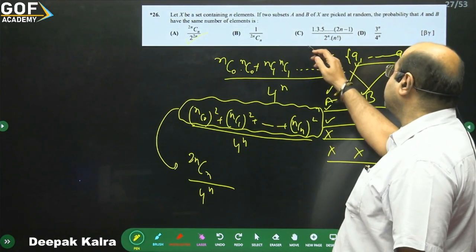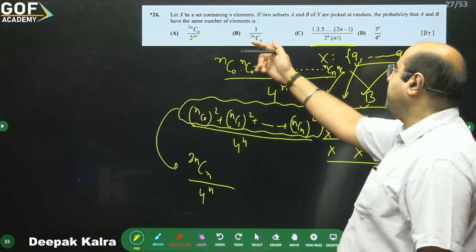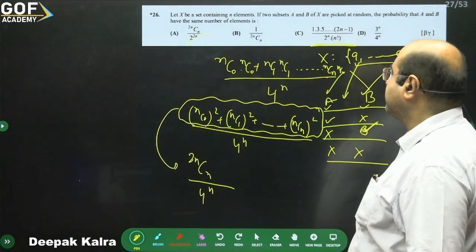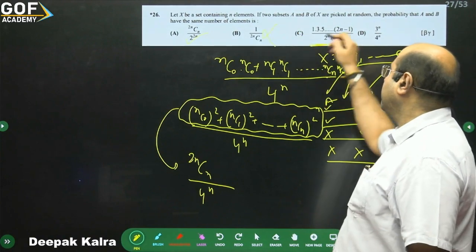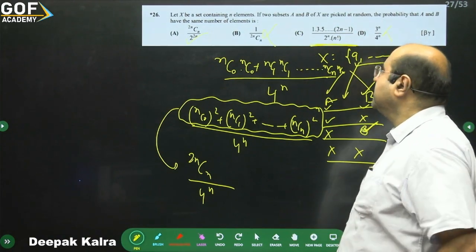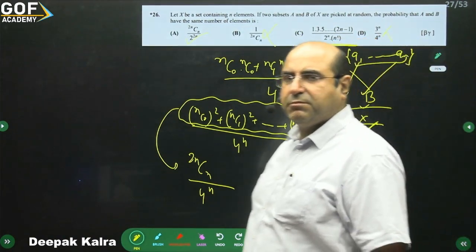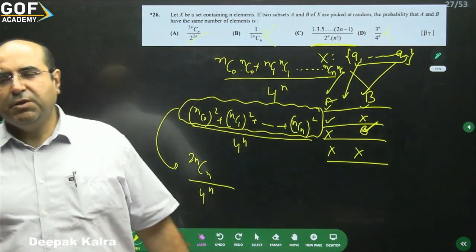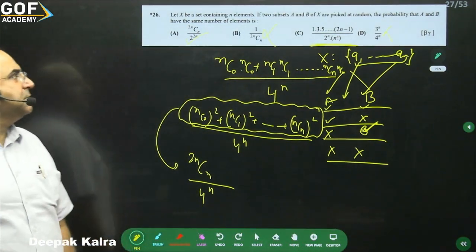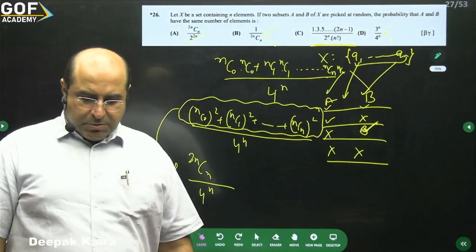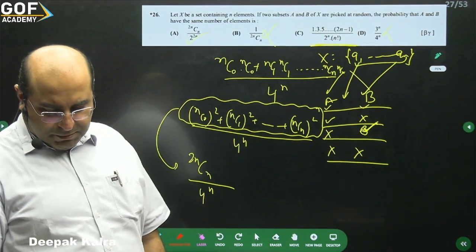Second could be this, also possible. When you expand, this won't be there, this won't be there. You understood? Okay, let's deal with the next. 26 over.